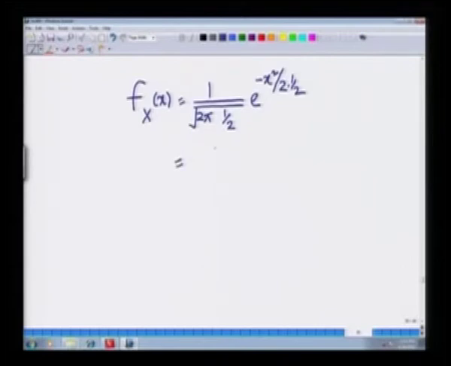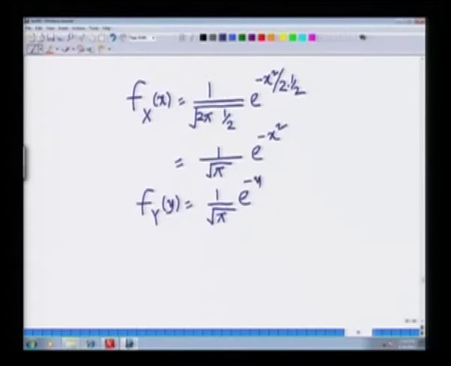So, I can write the distribution of x simply as 1 over square root of pi e power minus x square. Similarly, the distribution of y, which is the imaginary part of the fading coefficient, that is also assumed to be another normal random variable of mean 0 and variance half. So, its distribution is 1 over square root of pi e power minus y square.